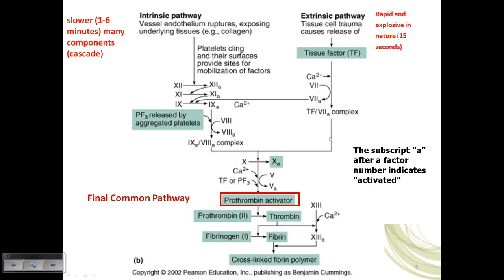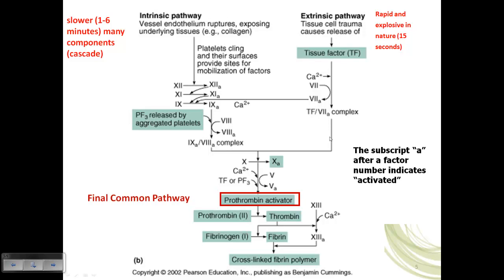And you'll notice that this is going to activate factor 12, and then active factor 12 is shown here as the X with the two lines with the little subscript A. Active 12 will activate 11, which then activates 9, which then combines with platelet factor 3 to form active factor 8. I mean, that took me a long time to go through that.